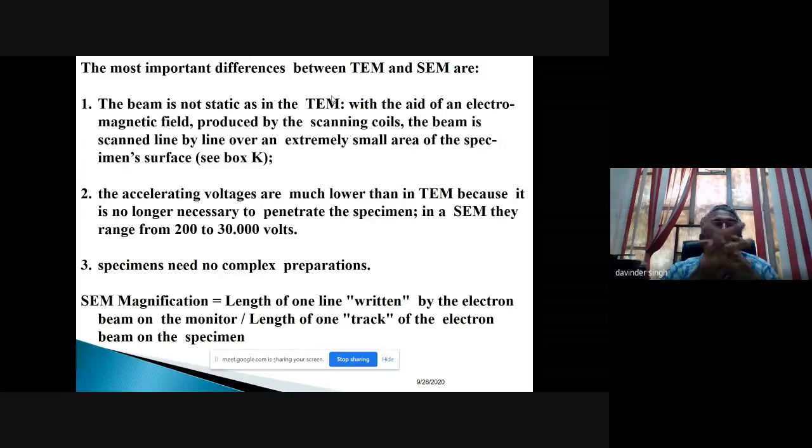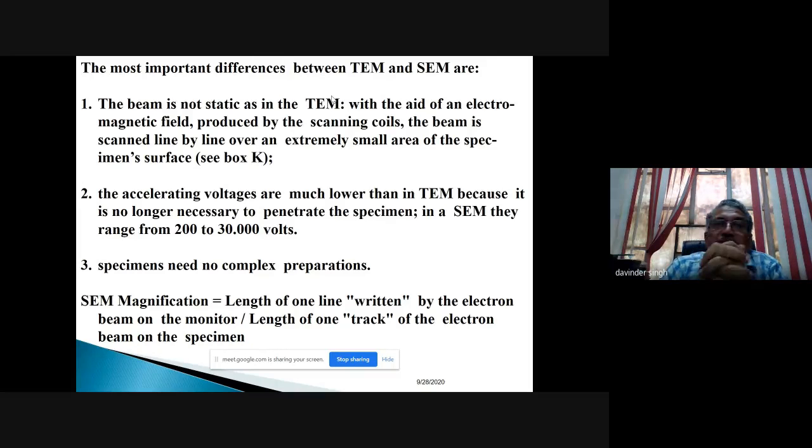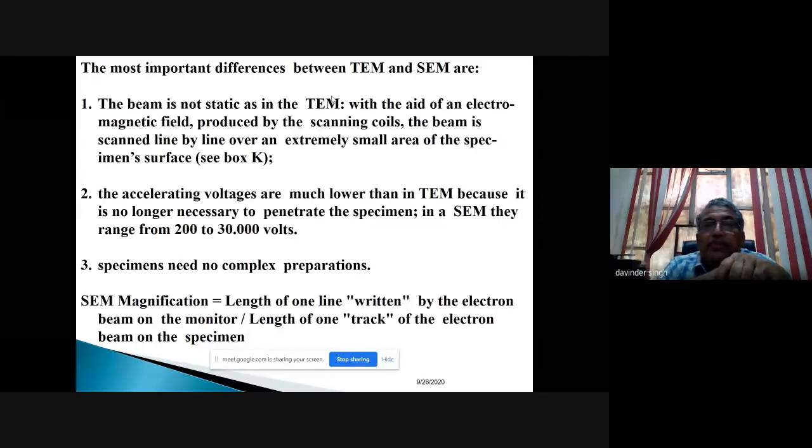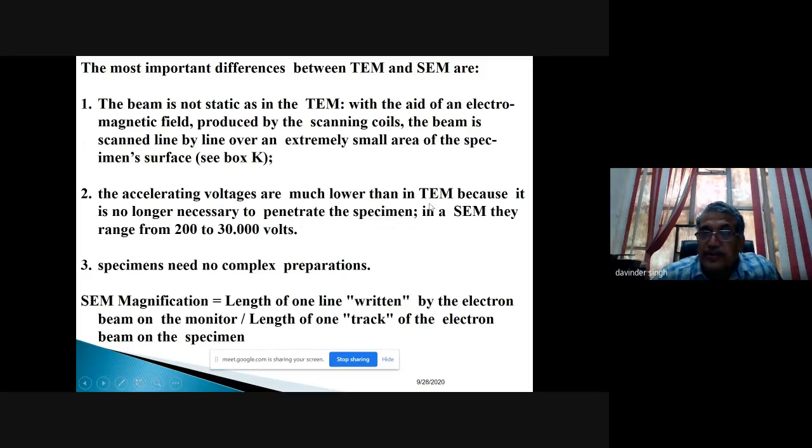Some differences between TEM and SEM: the beam is not static as in the case of TEM. With the aid of an electromagnetic field produced by scanning coils, the beam is scanned line by line over an extremely small area of the specimen's surface. Then the accelerating voltages are much lower in SEM as compared to TEM.